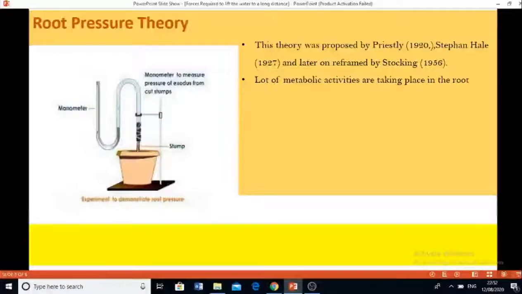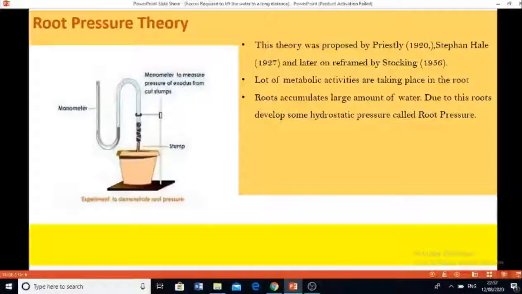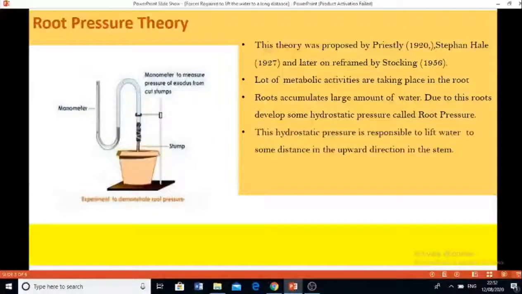According to this theory, a lot of metabolic activities are taking place in the roots. The roots accumulate a large amount of water. Due to this, roots develop some hydrostatic pressure called root pressure. This hydrostatic pressure is responsible to lift the water to some distance in an upward direction in the stem.